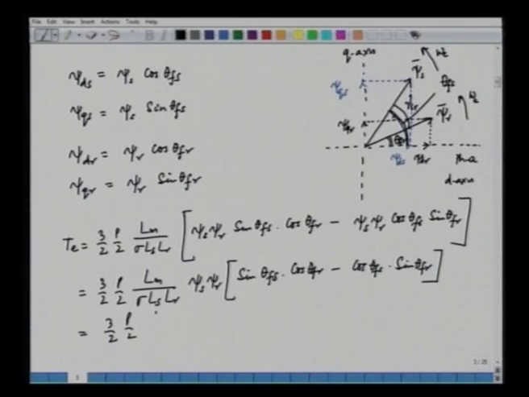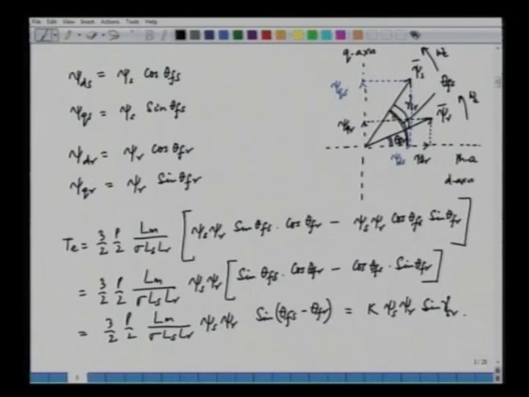The expression for the torque can be further simplified as psi s psi r into sine of theta fs minus theta fr, or we can say that it is equal to some constant k, psi s psi r into sine of gamma sr. So, what it shows is that the expression for the torque is given by the product of the two flux magnitudes psi s and psi r into sine of the angle between them.